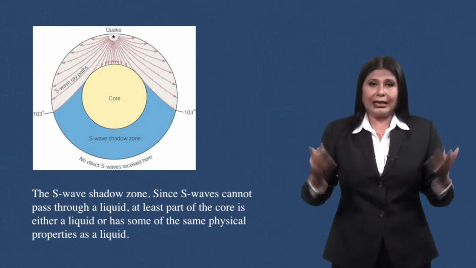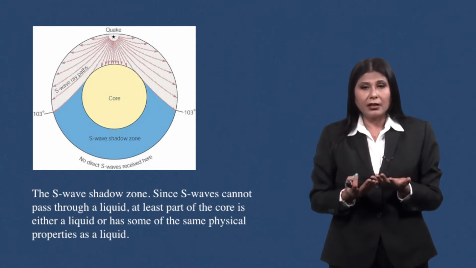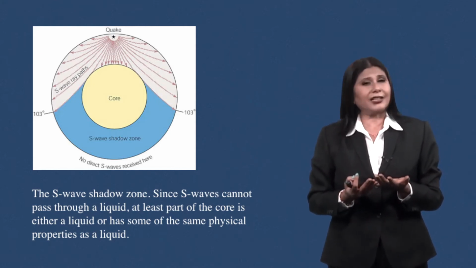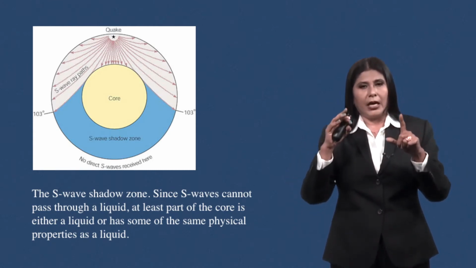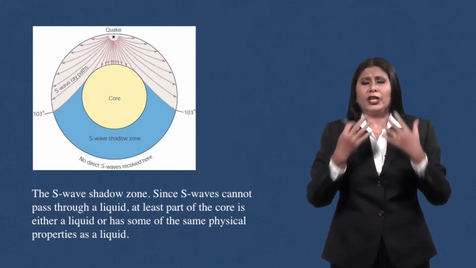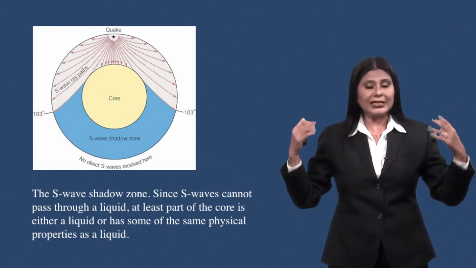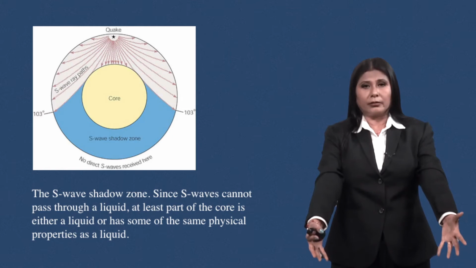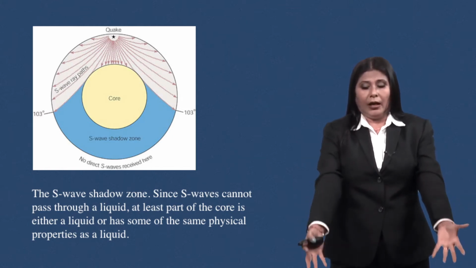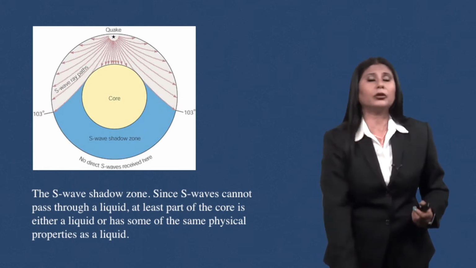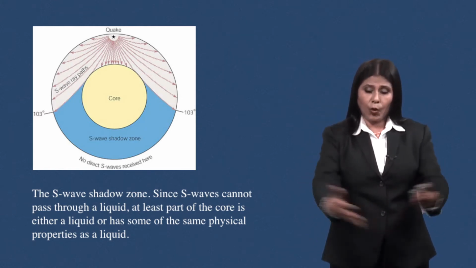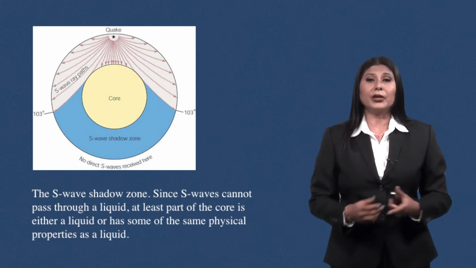That means it cannot pass through liquid. Definitely it tells us only one thing, that there is a liquid layer. And S will have a huge shadow zone. Because there is a liquid layer below me and an earthquake is happening here, it is not going to cut through that. So, the whole portion below is going to become a shadow zone.